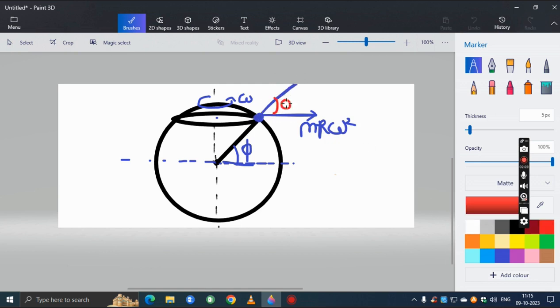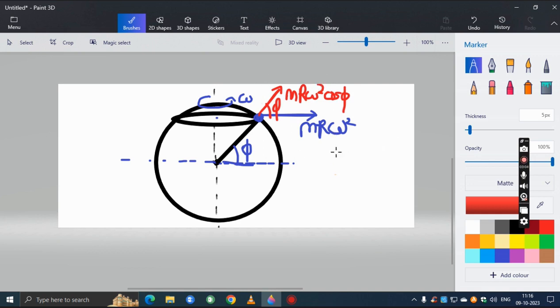this angle is also going to be phi. And if you notice, this is the horizontal component of m r omega square and this is the vertical component. So the vertical component is just going to be m r omega square cos phi, right? If you learnt about taking components along the horizontal and vertical axis, it's going to be m r omega square cos phi.